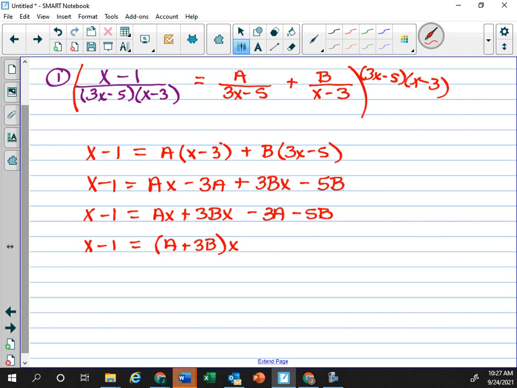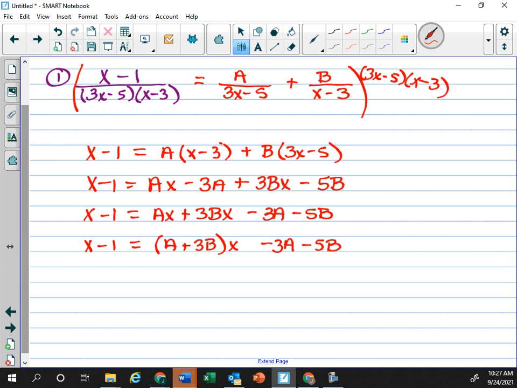Do you see that that's all I've done, is factoring? And then I still have this minus 3a minus 5b happening here.